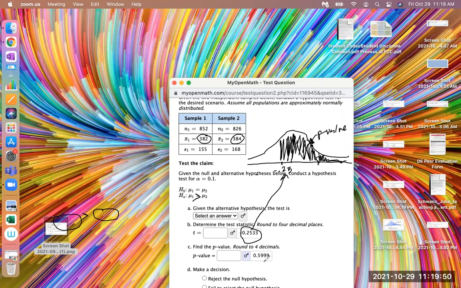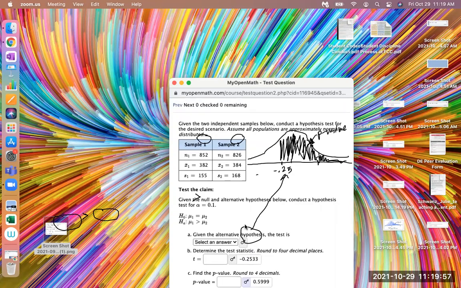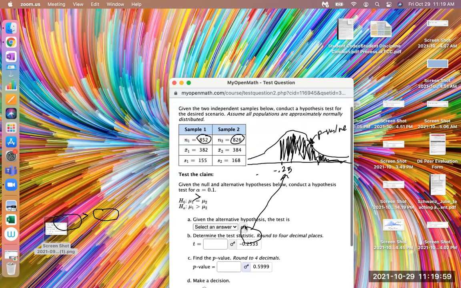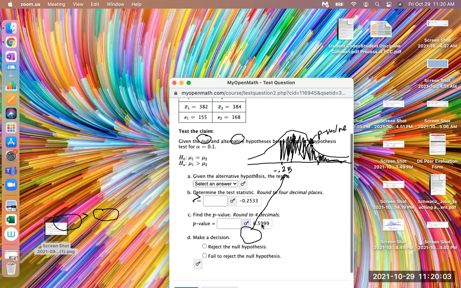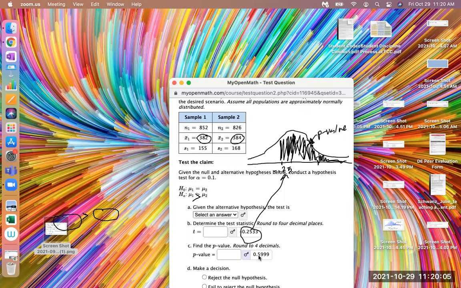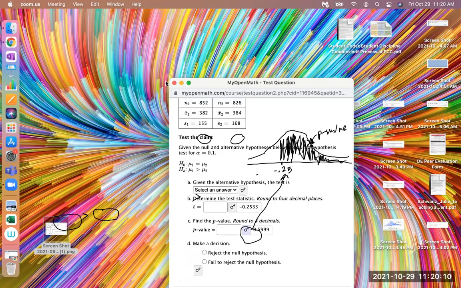And we would next be asked, is the p-value less than alpha? Well, alpha up here is 0.1, and the p-value is 0.59. So the p-value is not less than alpha. We do not reject the null hypothesis. So we would say we fail to reject the null hypothesis here.